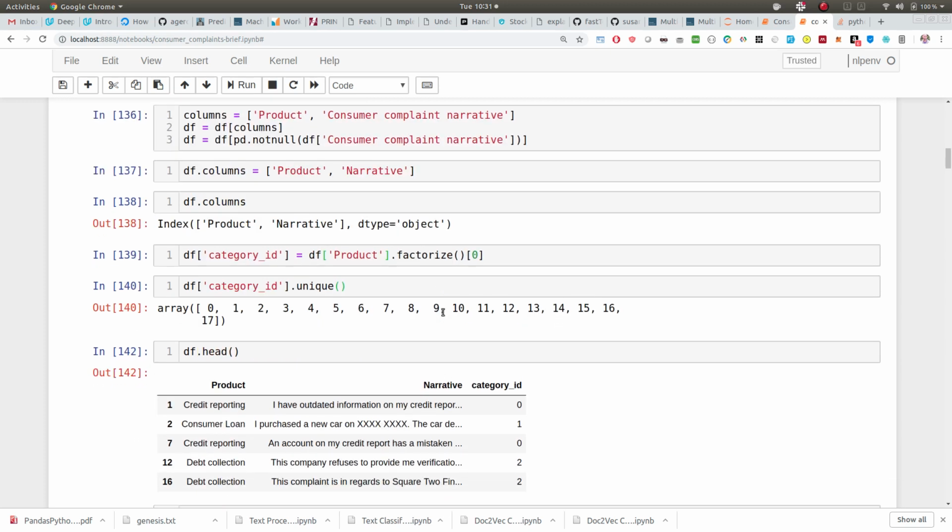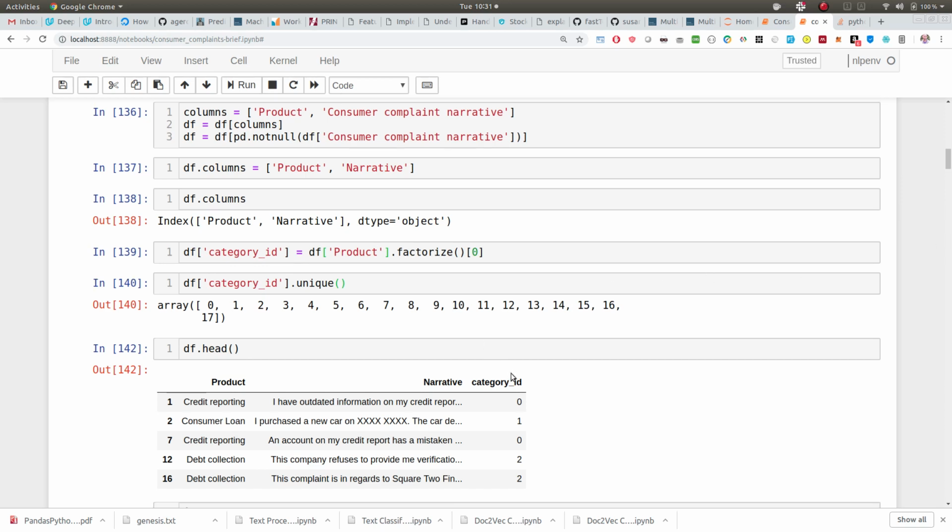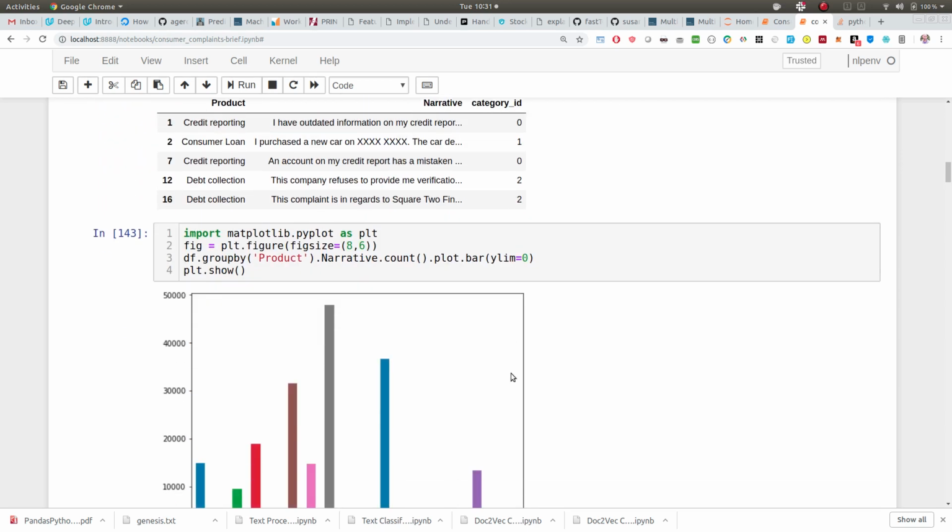This leaves us with two columns to which we add a category ID. This column encodes the product as an integer because categorical variables are often better represented as integers rather than strings. After cleaning up, we see the first 5 entries in our new data set.